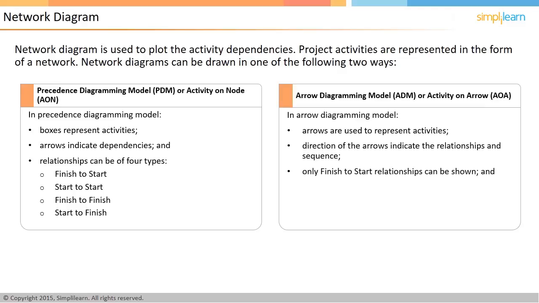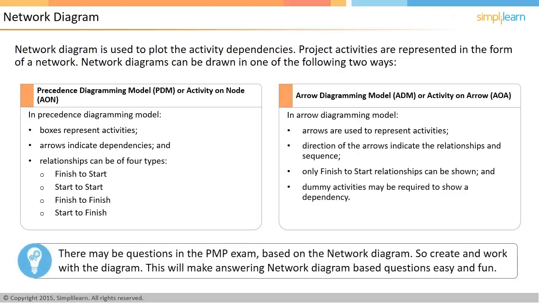Such diagrams may need to make use of dummy activities to indicate some dependency between the activities. There may be questions in the PMP exam based on the network diagram, so create and work with the diagram. This will make answering network diagram-based questions easy and fun. In the next screen, let us look at a network diagram.